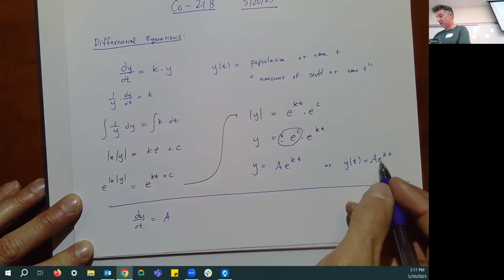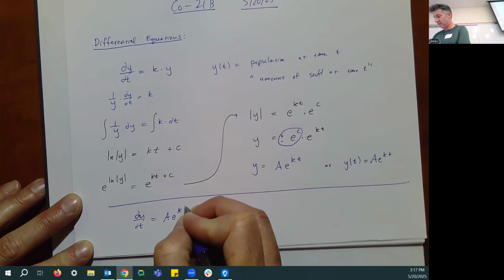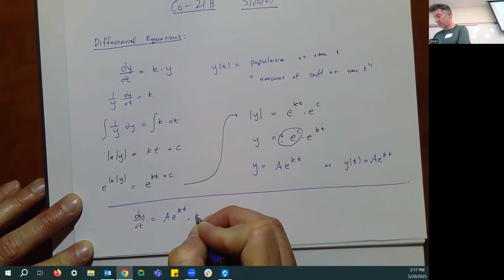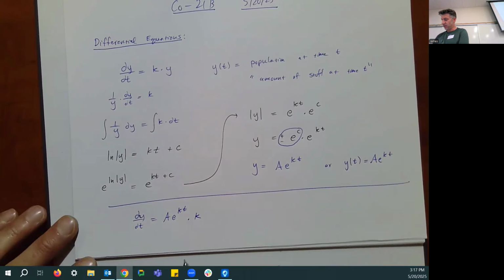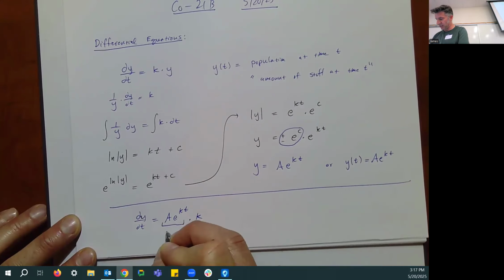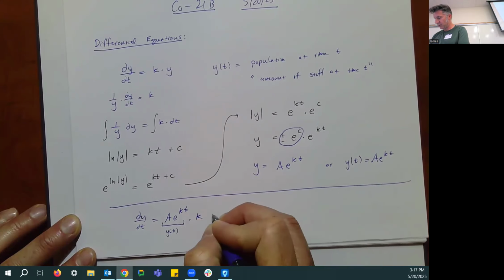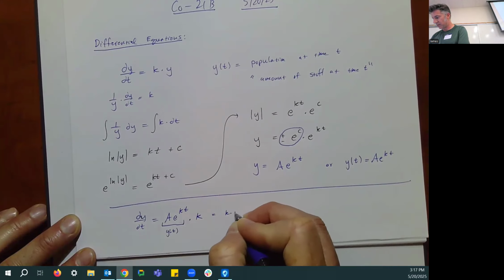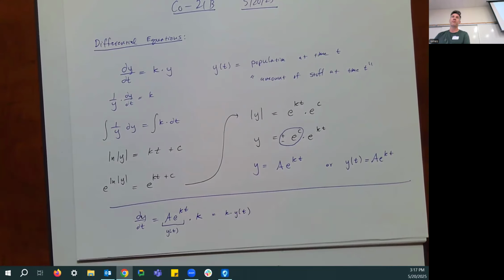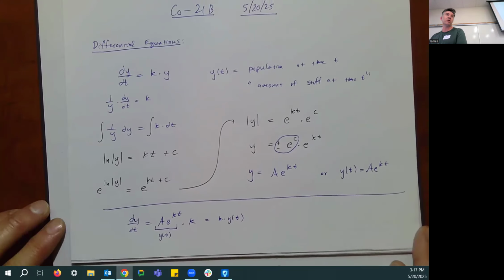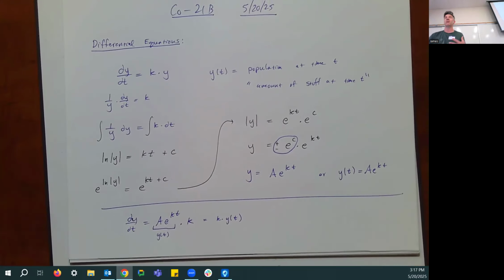The derivative of e to the stuff is e to the stuff times the derivative of the stuff. But look, that A e to the kt is exactly your y of t, so it's exactly equal to k times y of t. So this really indeed is a solution to this differential equation. And again, all that means is we found the function that does the thing.